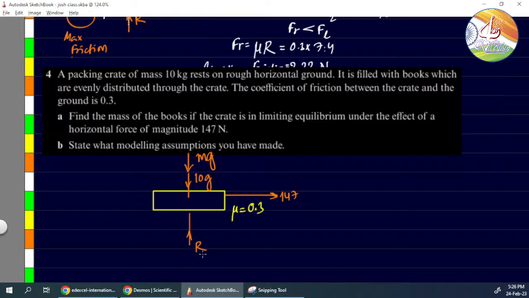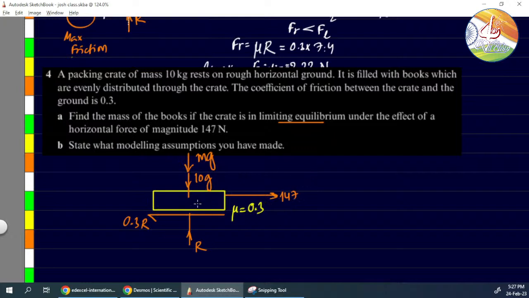Let us say this is the normal reaction R. Friction is 0.3 times R, because in this case the object is in limiting equilibrium. Limiting equilibrium means we take the maximum friction there.